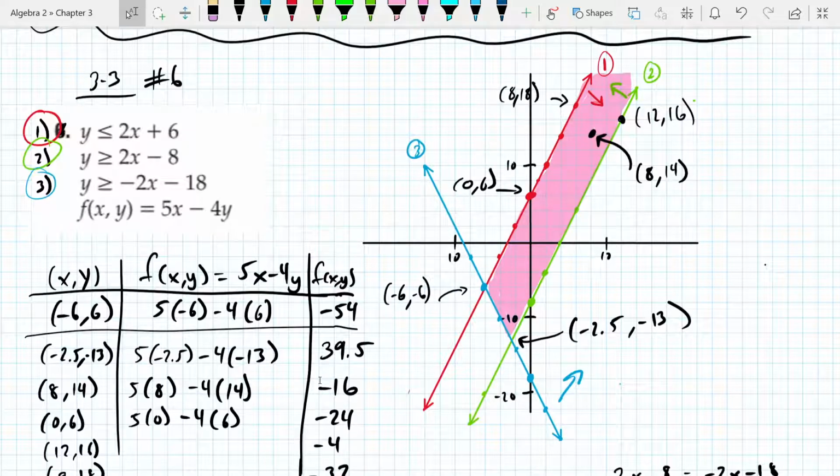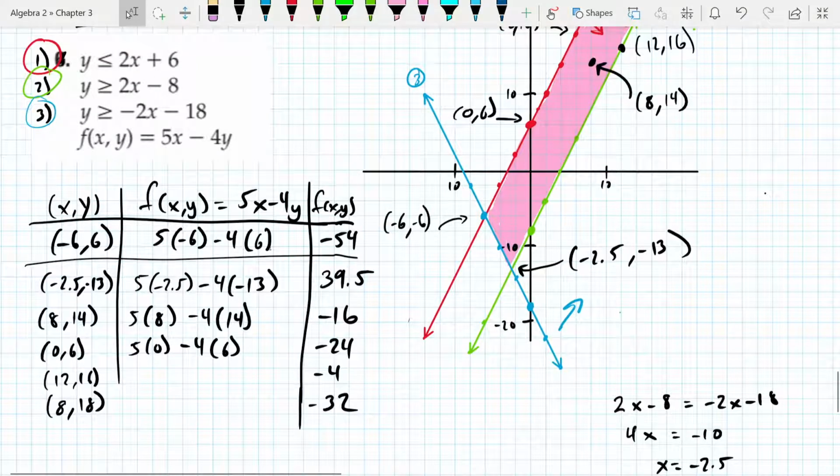Number 6. So my graph looks good. So it says no minimum, max of 39.5. So I should be able to find a number that is more negative than 54. Well, what number could that be? How about if I try this point right here, the x-intercept?